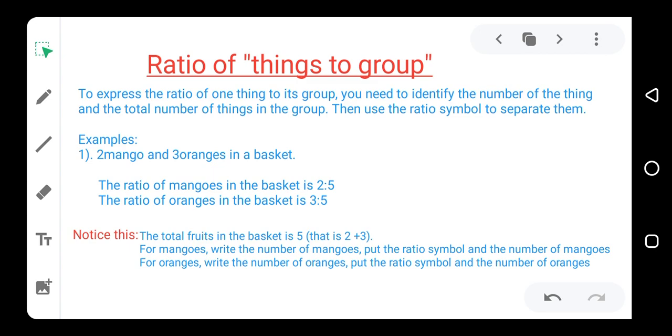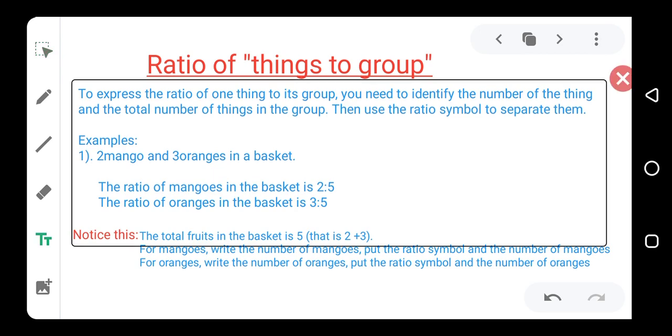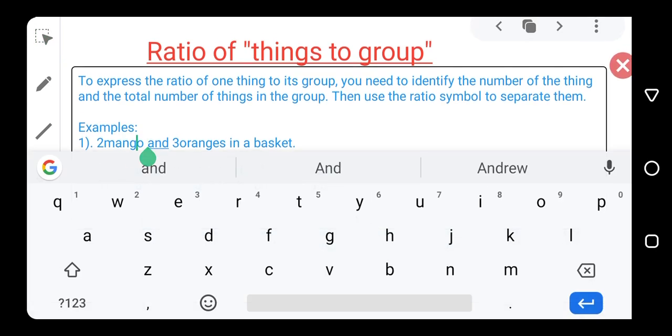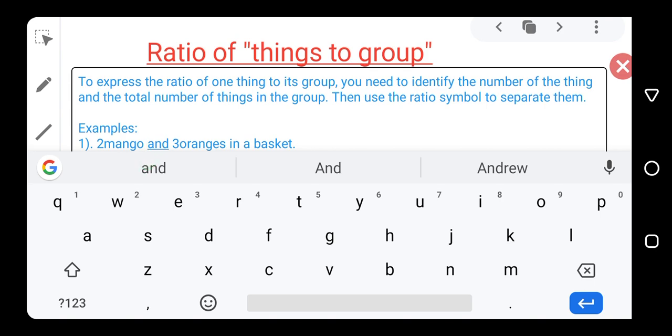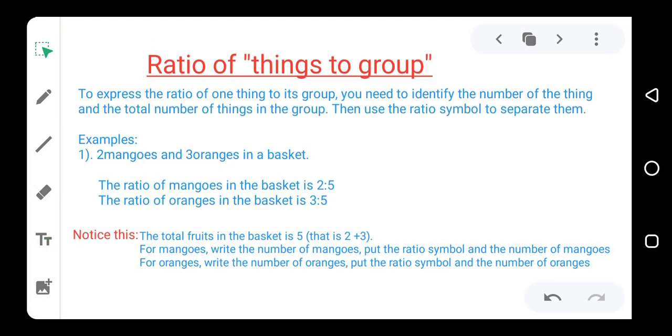Like when we have two mangoes and three oranges in a basket, two of them combined will form a group of fruits in the basket.